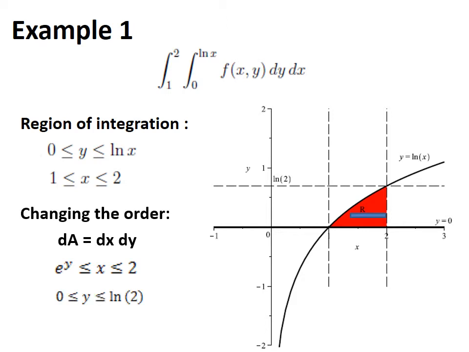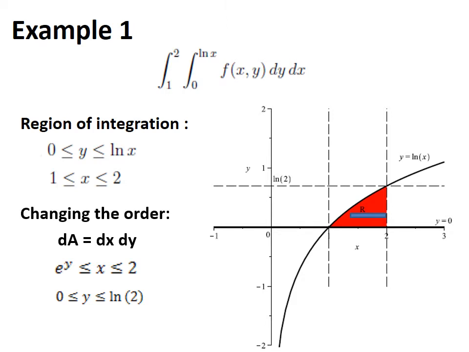So what is the value of x at the ends of the strip, which is given in blue color here? The leftmost end is touching the curve y equal to ln x. The rightmost end is touching the line x equal to 2. So the variation for x is from e power y to 2.